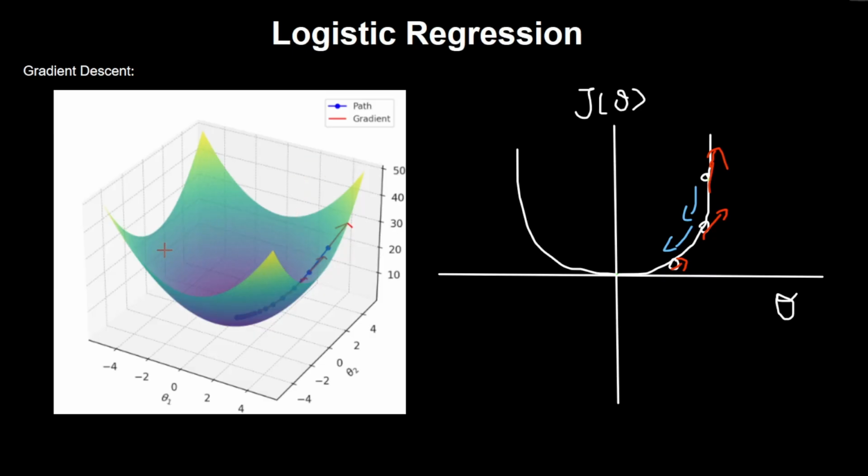You can see it's like a paper which is curved inwards like a bowl. Here we have the slope. The slope is higher at these points. The red is the gradient and the blue line is the path. So we just move inwards slowly according to the learning rate, and the gradient or slope decreases until we reach this point, the global minimum, where we can find the optimal solution for the coefficient.